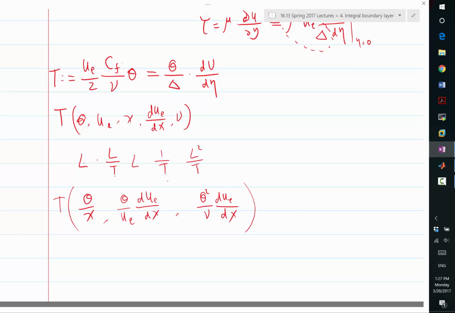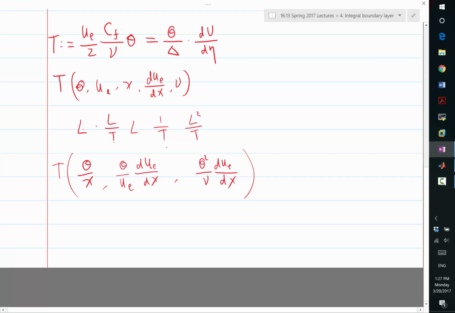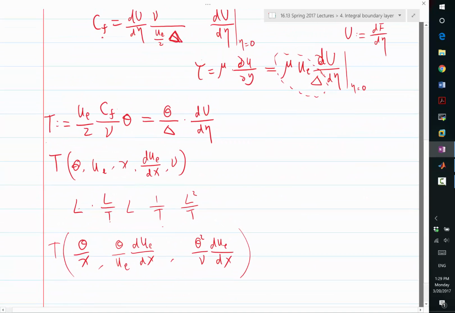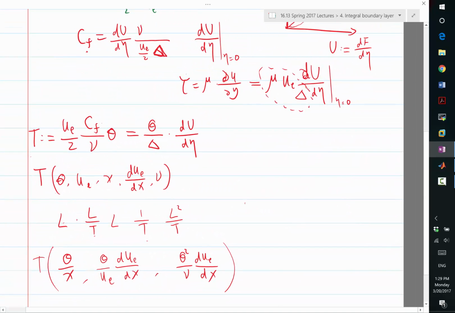So now is the time to use physical arguments to see which of them make sense. Theta over x, should it be involved in modeling the skin friction coefficient? Think about this. If I have a boundary layer, maybe this is the stagnation point, x is how long I have traveled in the streamwise direction, and theta is the momentum thickness.